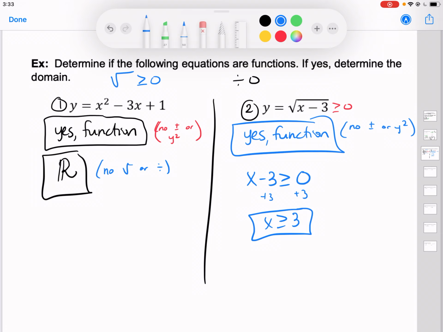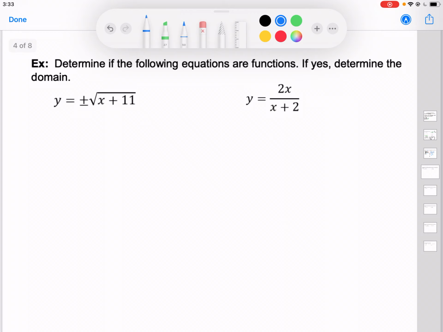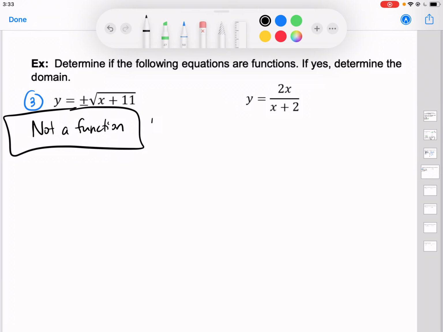Okay, let's see another one. Another several. Okay, so example 3 over here is not a function. We've already talked about y earlier, and the reason being because there's that plus or minus. So let's go to example 4 then.